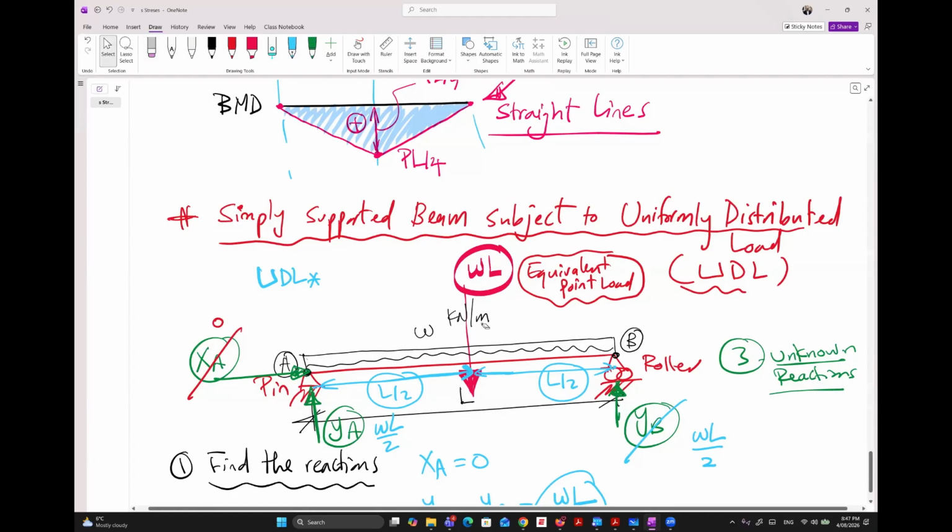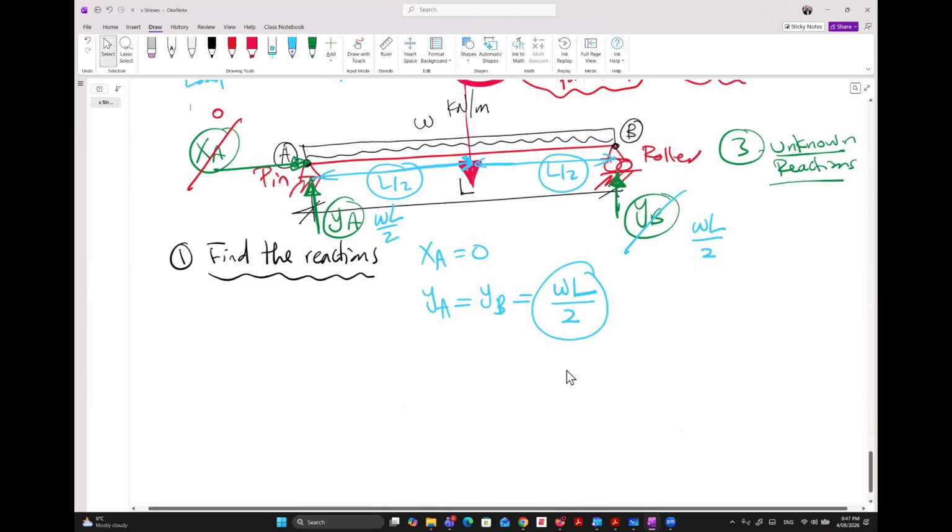So we got the equivalent load, because we cannot deal with the uniform load directly. So the first step, we got the reactions.